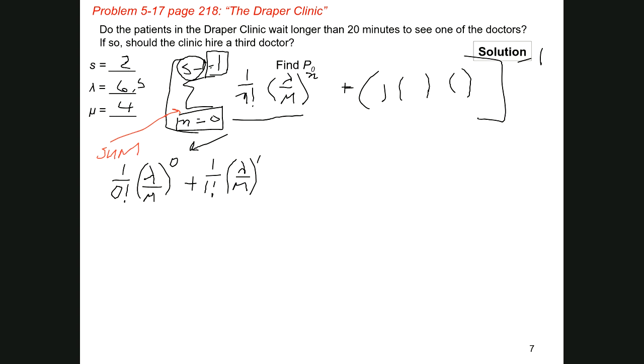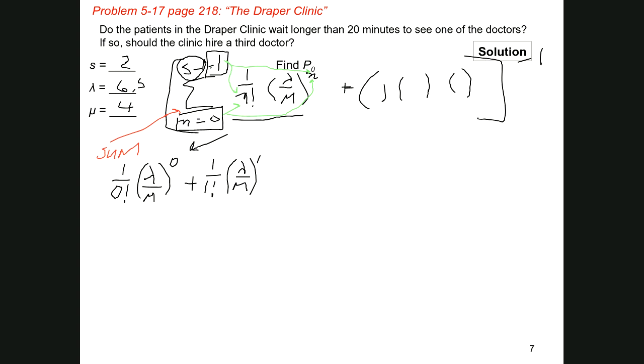We substituted n equals 0 into these terms, both here and here, and also n equals 1 for the second term, here and here. Okay, now let's look at this term and remember some things. The definition of 0 factorial is 1, so 1 over 1 is 1.